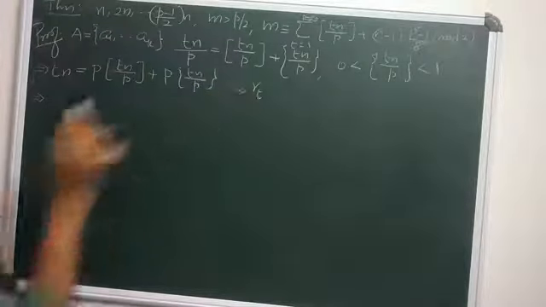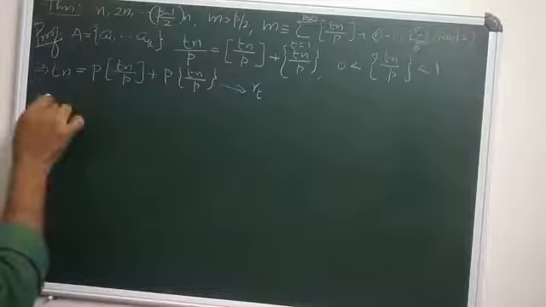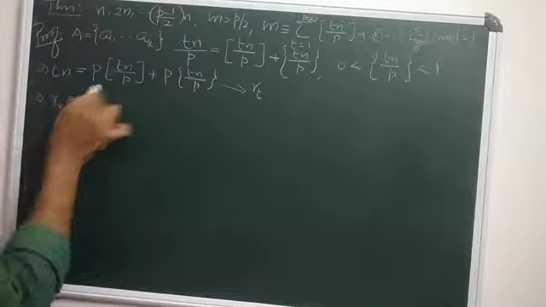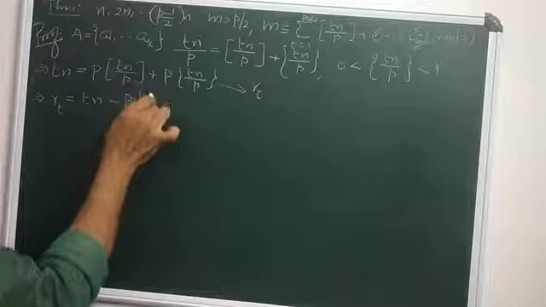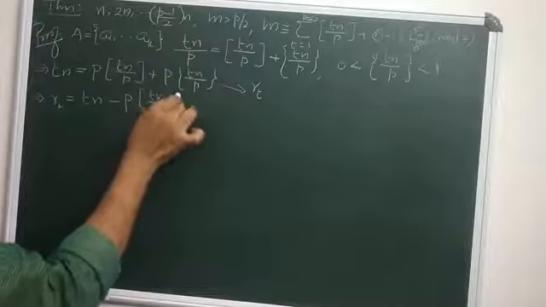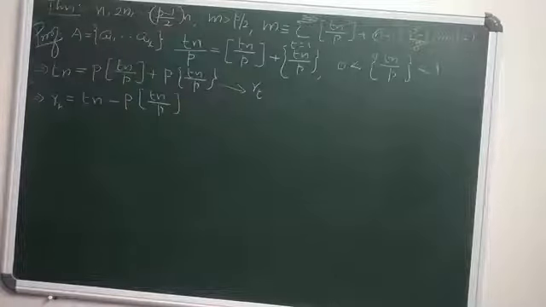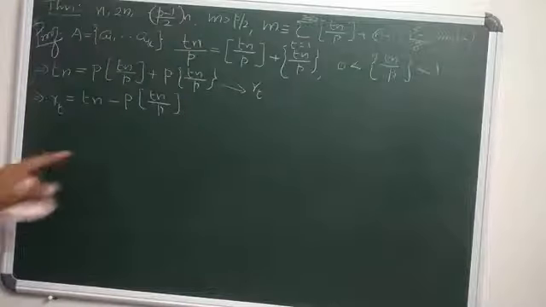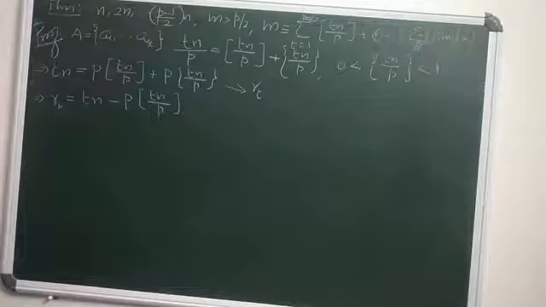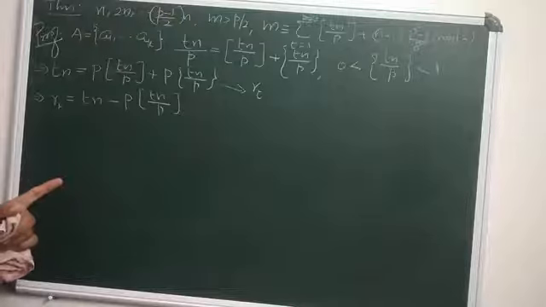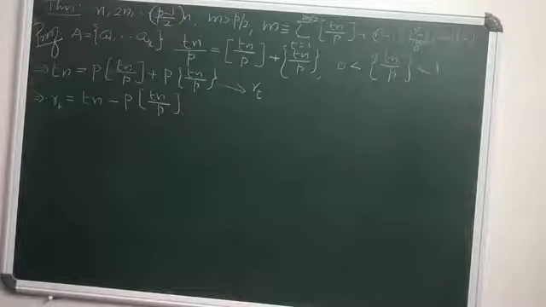Then what is rt? rt equals tn minus p into the integer part of tn by p, which is the least positive residue of tn mod p.